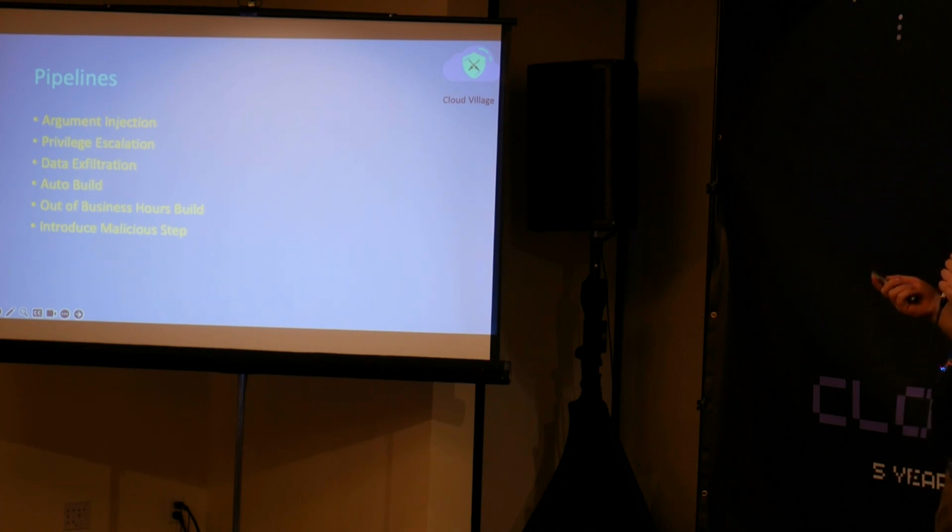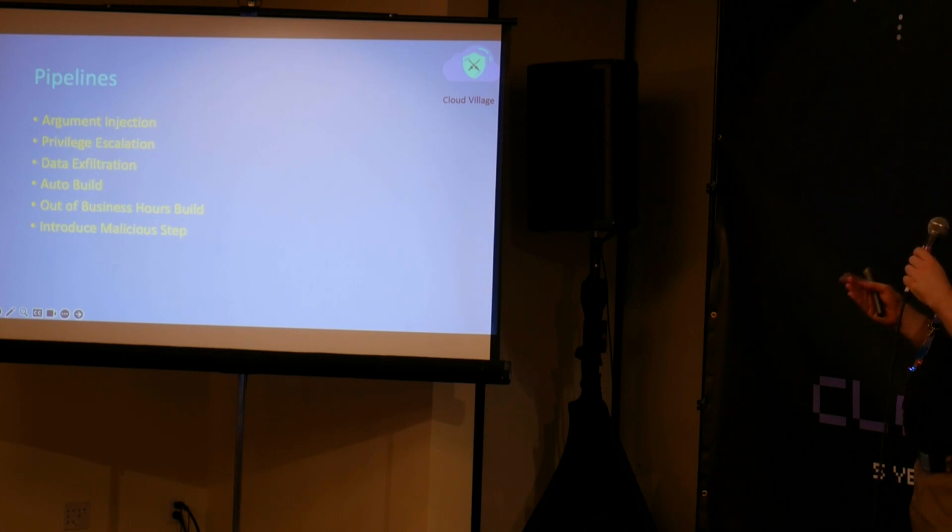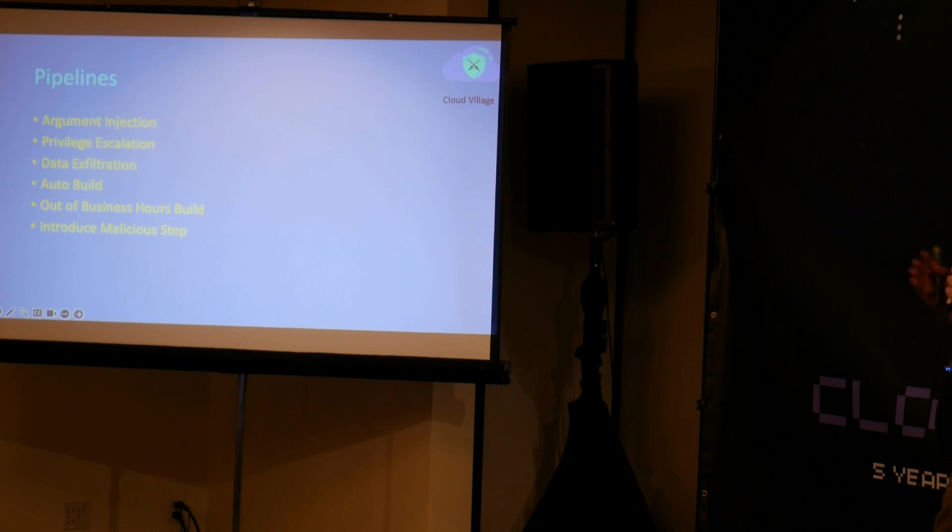You can do privilege escalation through the pipeline or exfiltrate data, or sometimes you don't want to automatically build and you want to make sure that the build happens only in business hours or only out of business hours, so you don't mess anything up. And we want to avoid introducing any malicious steps.